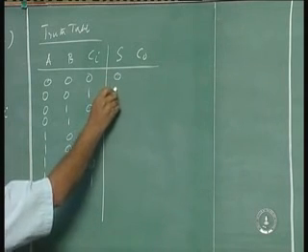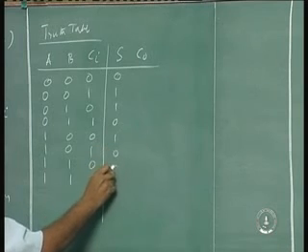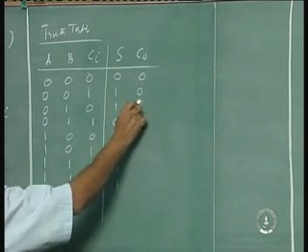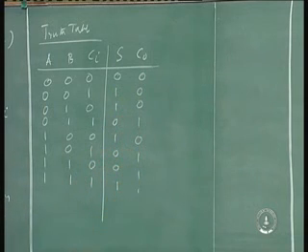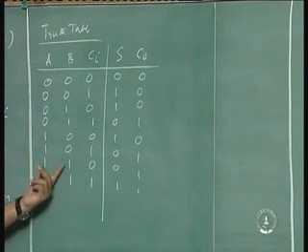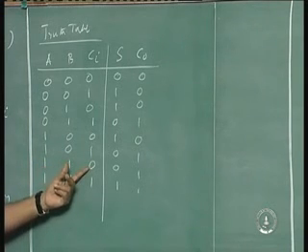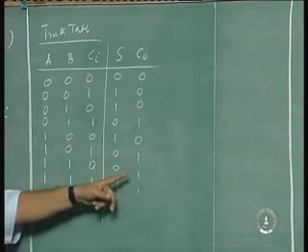Sum is 0, 1, 1, 0, 1, 0, 0, 1, carry is 0, 0, 0, 1, 0, 1, 1, 1. You can look at this and write it very easily. For example, if you take this, there are 2 ones and the third bit is a 0. 2 ones lead to the number 2, which is 1, 0, so sum is 0, carry is 1.